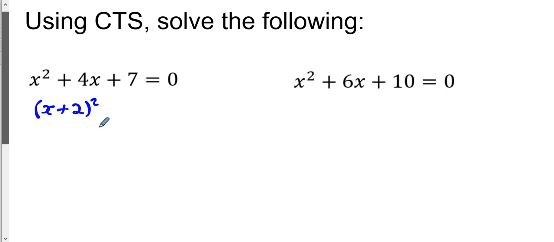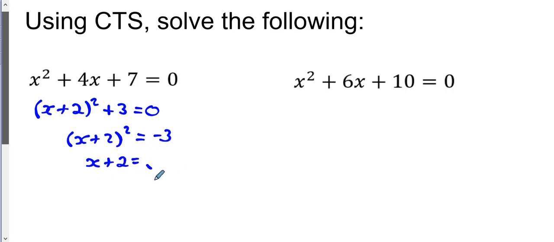That's because when we complete the square, 2 squared is 4, we want 7, so we add 3. Now when we're solving this, we end up with a negative 3, which we would then want to square root. But your calculator will tell you there is an error, because we cannot square root negatives.